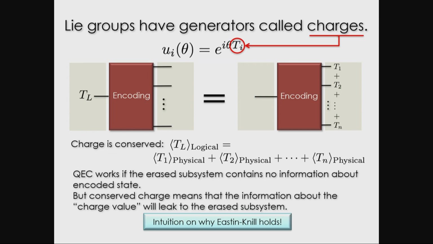And that is a problem because quantum error correction works if the individual physical subsystems are totally independent from the logical Hilbert space. They should be decoupled. But now you know that because of charge conservation, at least the information about the charge value will leak to the environment and leak to the other subsystems. And that would prevent you from having a perfect quantum code.